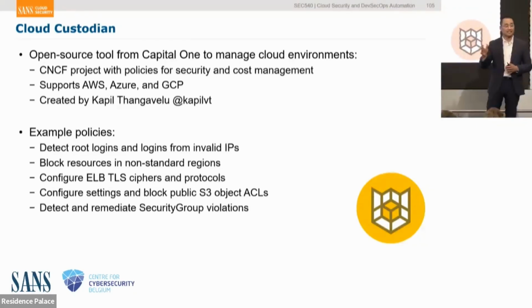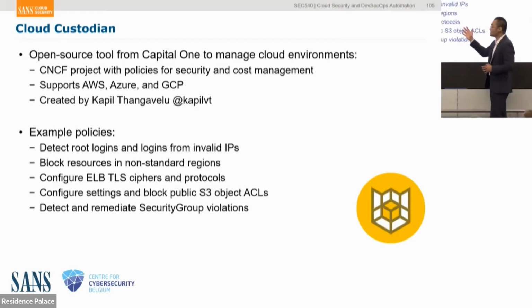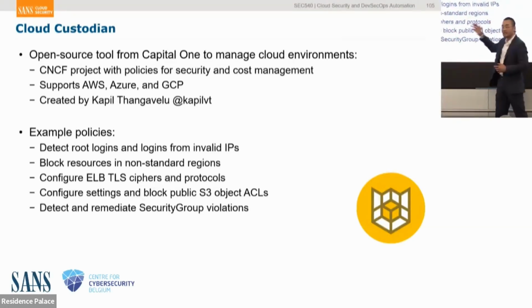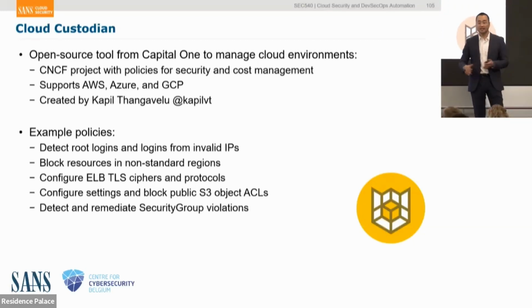It detects things like root logins from places they shouldn't be, blocking resources, right? Configuring certain settings if they don't meet your requirements, and detecting and remediating security group violations here. Anybody used Cloud Custodian before? Played with it before? All right.